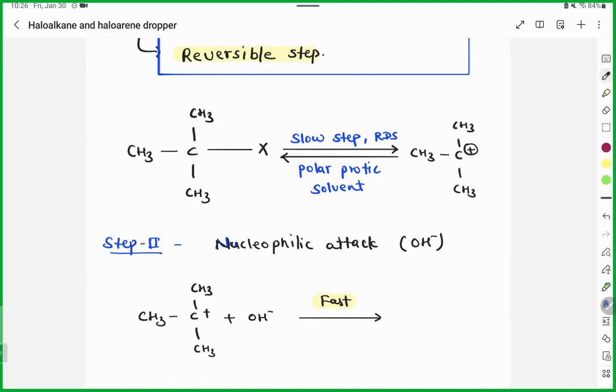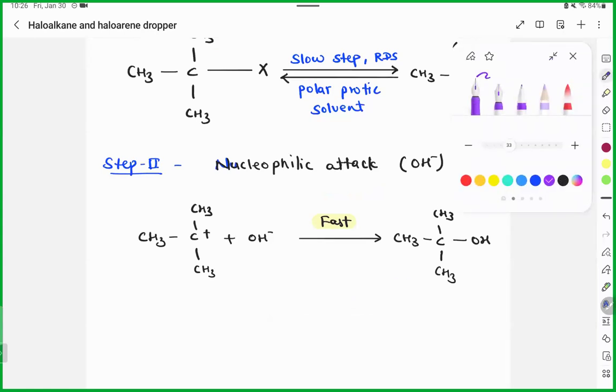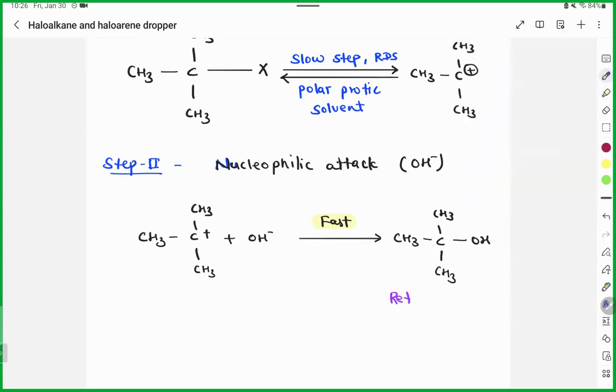Correct. And there is a formation of this, and you can see here retention of configuration. The configuration is the same as the initial configuration. This is retention of configuration.